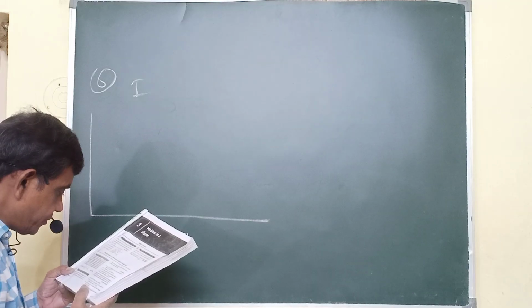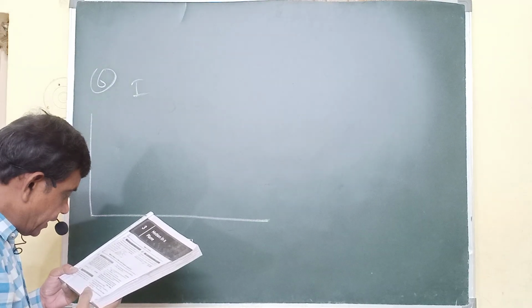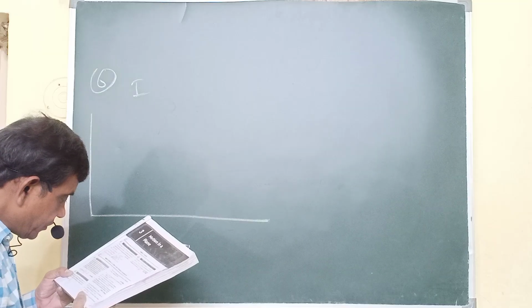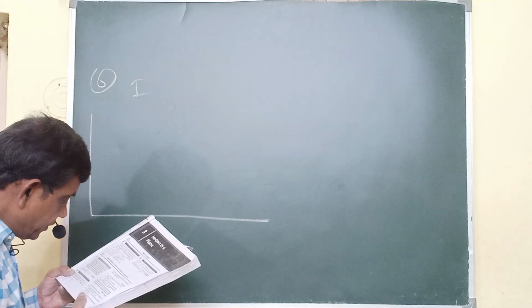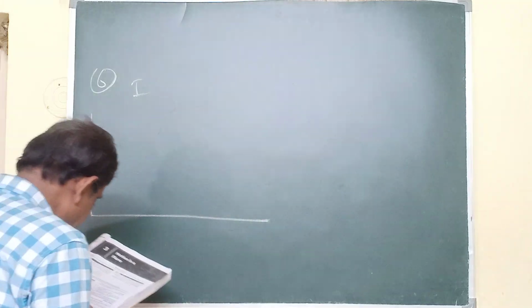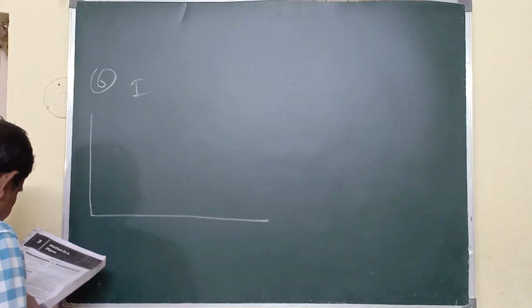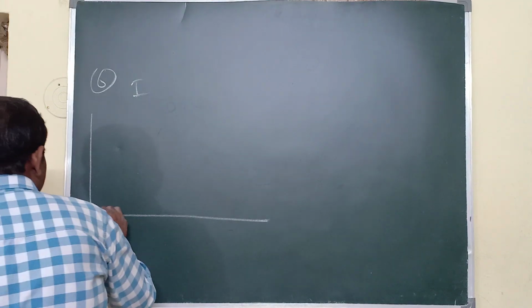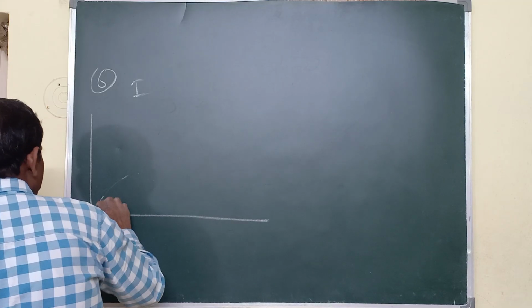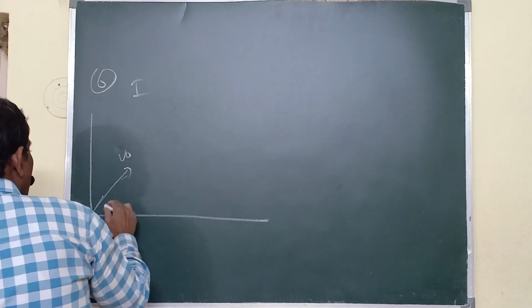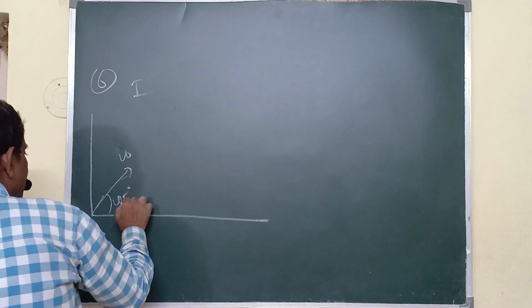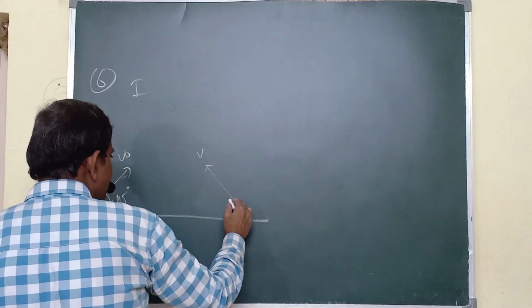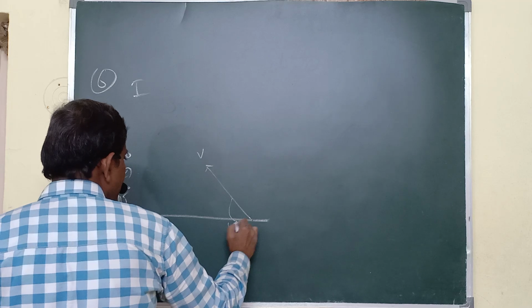The first one I am taking as V0 and the second as V. This is V0, making an angle of 45 degrees. This is V, also at 45 degrees.